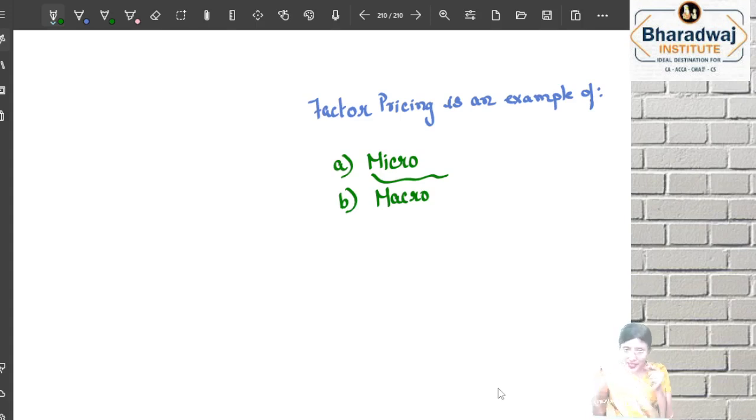But remember, each one of them, in the factor market and in the commodity market, depending upon the demand and supply for specific products or factors, pricing is done. It is not universal pricing, isn't it? And I add my own profit percentage. It's a negotiation, bargaining. So please remember, this is just an example to tell you that there is no clue whether it is specific or general.